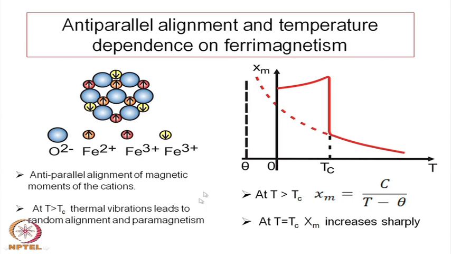But there is an important consideration here, that is the temperature dependence of ferrimagnetism. As in the case of ferromagnetism, we have a critical temperature Tc, and of course, there is a negative Tc, which is very close to nil, but here this is actually the critical Curie temperature.